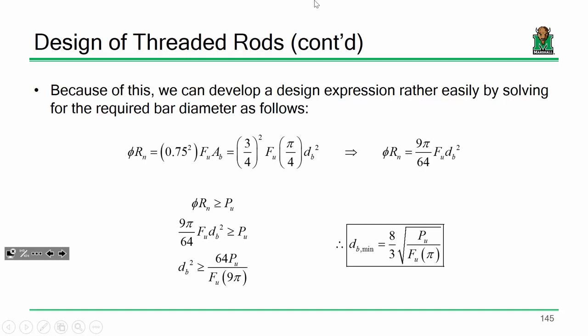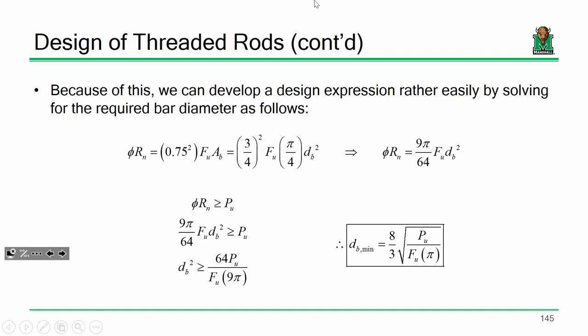So phi RN is 0.75 squared times FU times AB. 0.75, that's 3 over 4, right? 3 over 4 squared is 9 over 16. And the area of a rod, A sub B, is just pi over 4 times diameter squared. So combining everything, phi RN is 9 pi over 64 times the tensile stress times the diameter squared. Pretty simple, right?